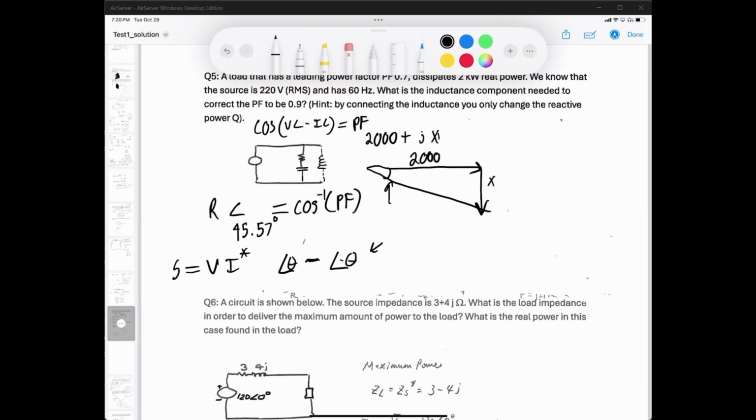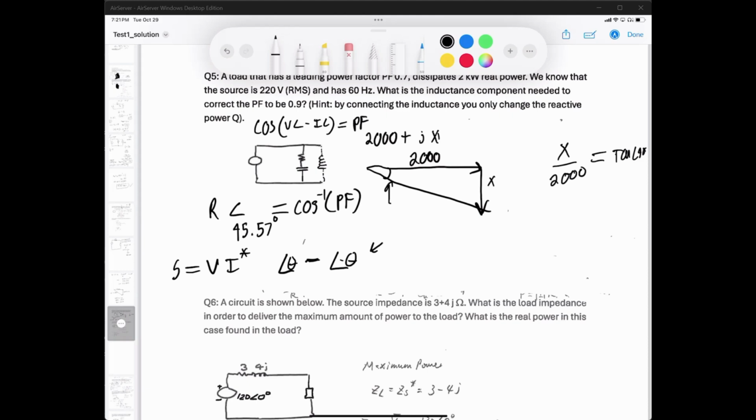So we can plug that angle in, and then we can figure out that the tangent of 45.57, because it is the opposite, X, over 2000, is equal to the tangent of this angle, 45.57, times 2000.